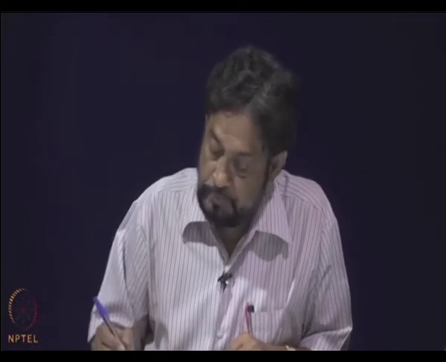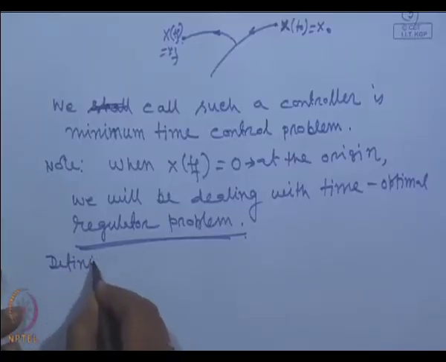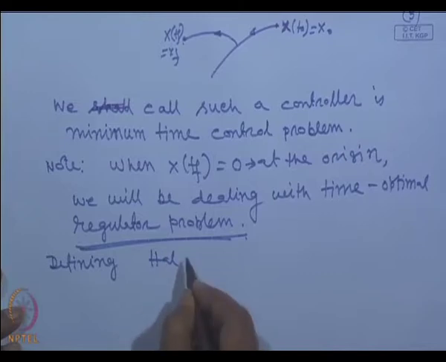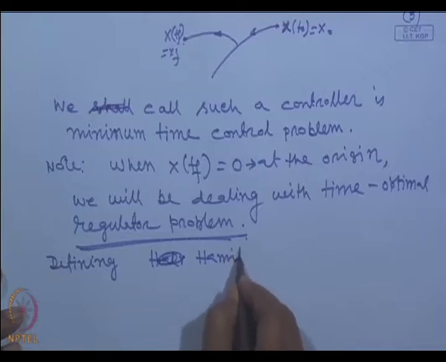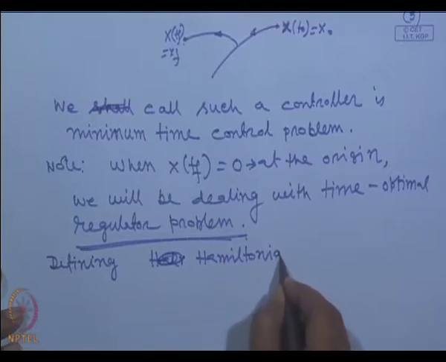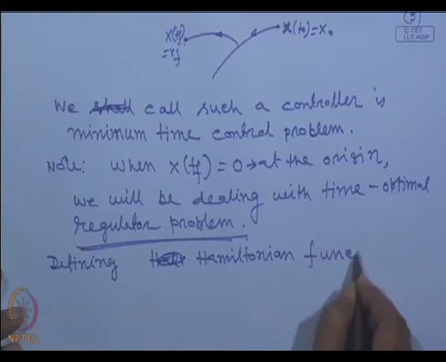But now our problem has a constraint on u. Then how to solve this one? Basically, the procedure is similar, just one step we have to see very carefully, which is different from the earlier procedure. So, first we will define the Hamiltonian function.